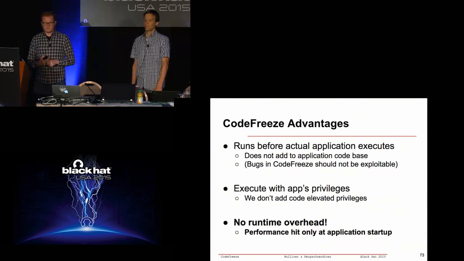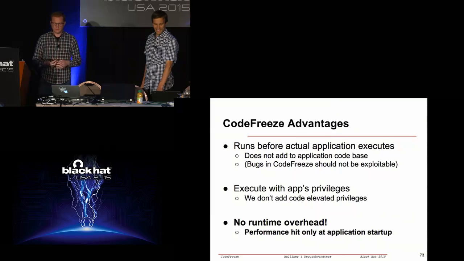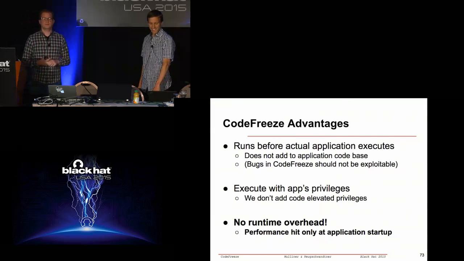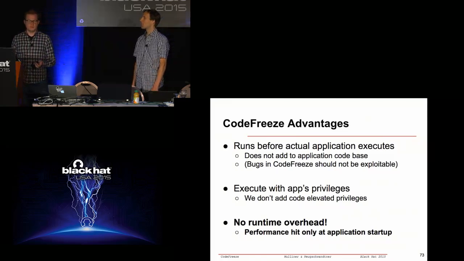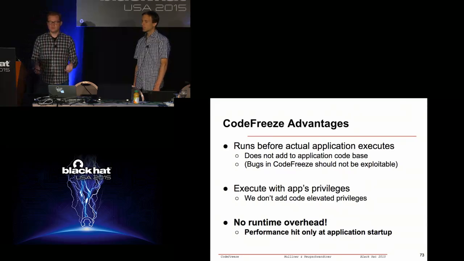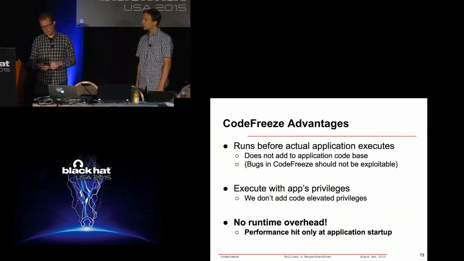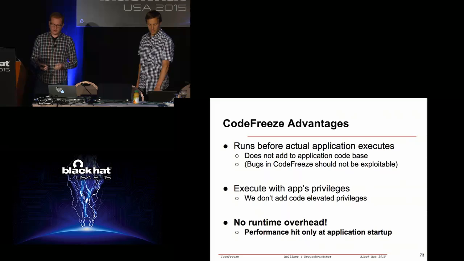So some advantages that I think are really advantages of our system is that our code just runs before the actual application executes. So we do not add new stuff to the application code base. In theory, and I bet 99% in practice, if you have a bug in our enforcement module, it cannot really be exploited since none of our code is running during the application runtime.